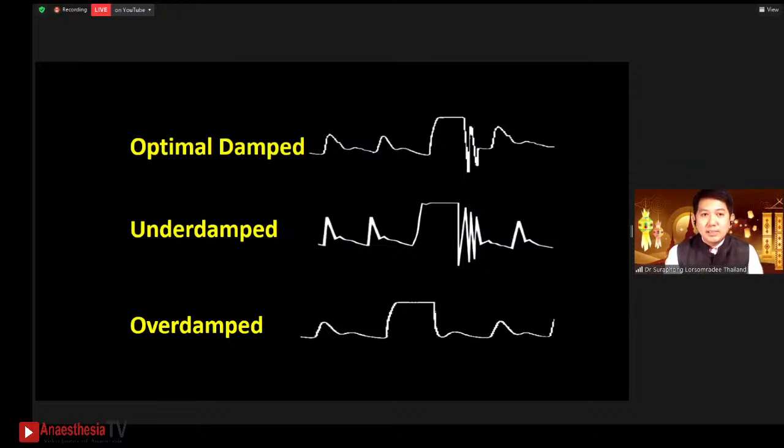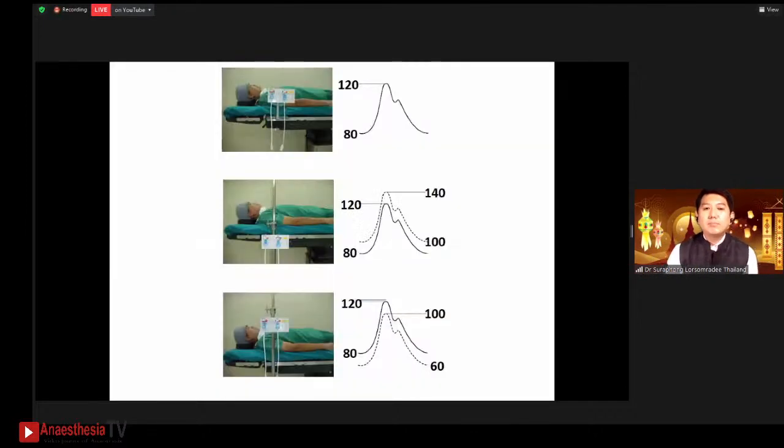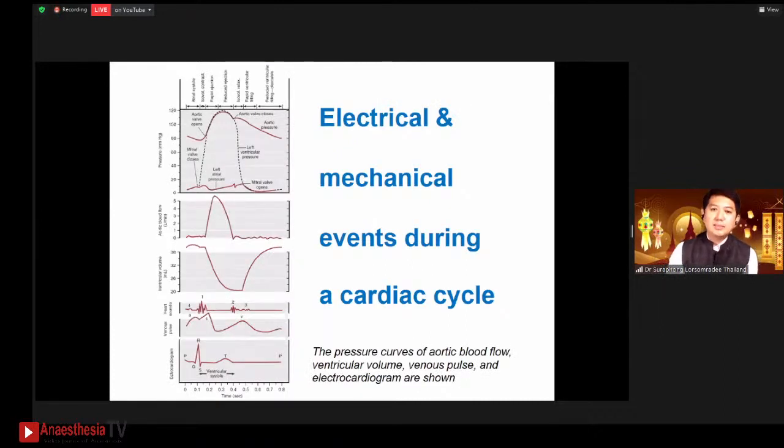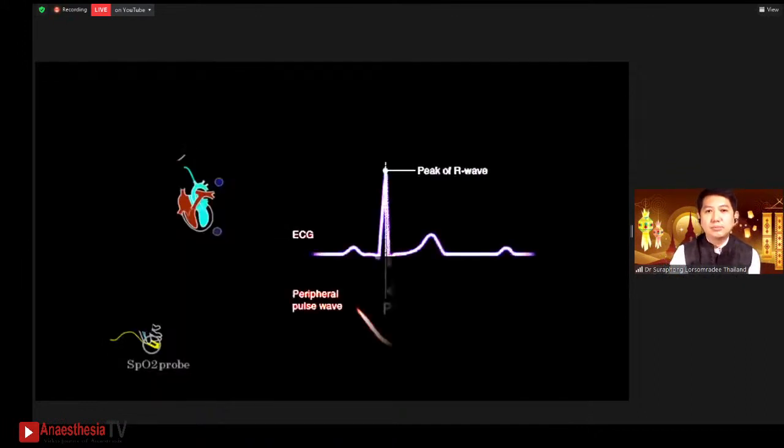How do we make sure that the data from the arterial line is reliable? We have to do the square wave test. We flush with heparin flush, and we can see whether it is damped or not, underdamped or not. And we have to make sure that our data is reliable, with zero at the optimum level or not.